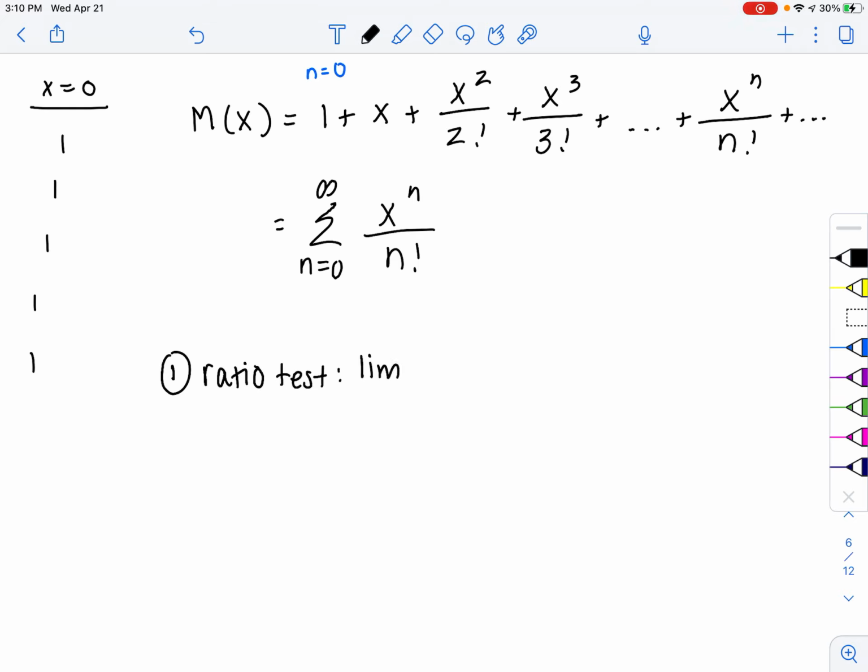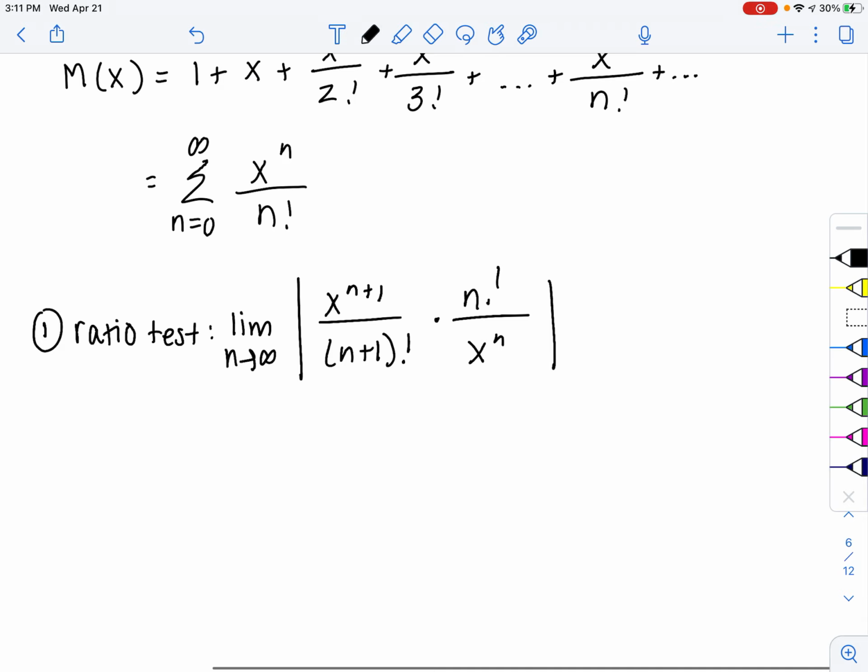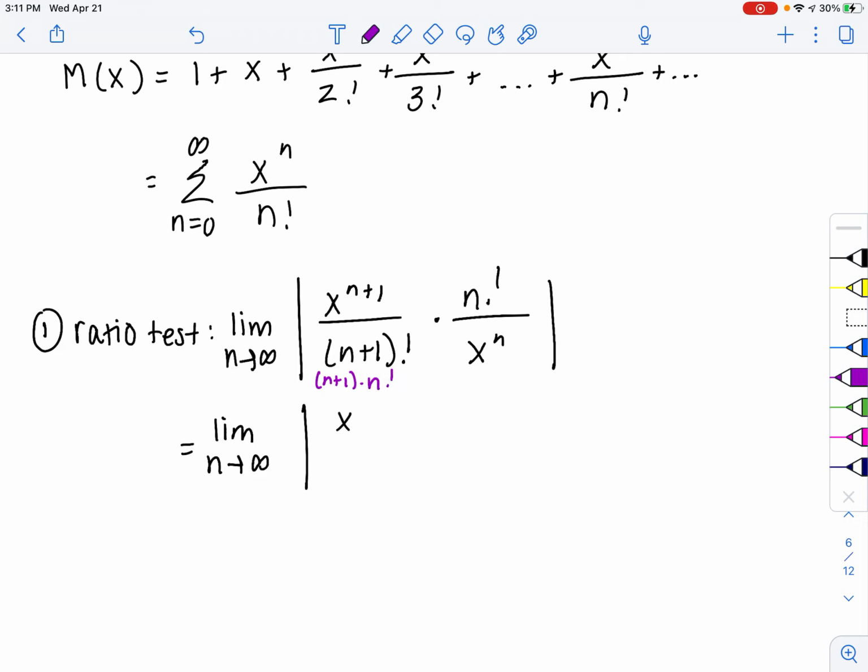So we're going to take the limit as n goes to infinity of x to the n plus 1 over n plus 1 factorial times n factorial over x to the n. Okay, so then if we do a little bit of algebra manipulation, x to the n plus 1 over x to the n is just x, and then n plus 1 factorial is just n plus 1 times n factorial.